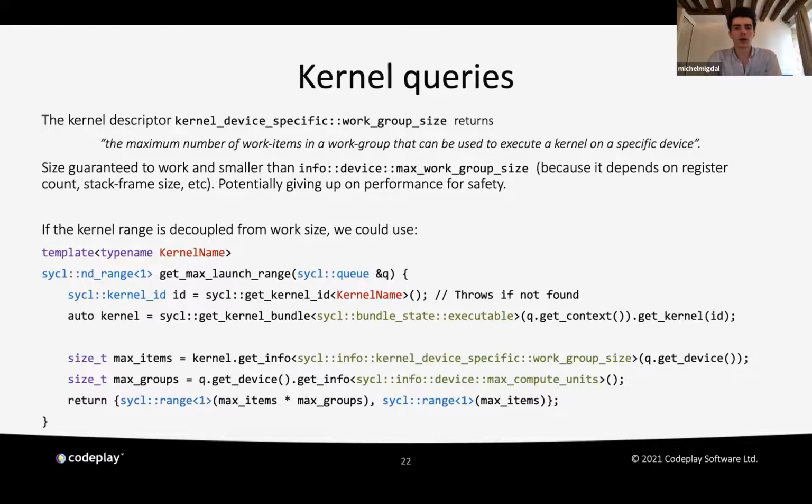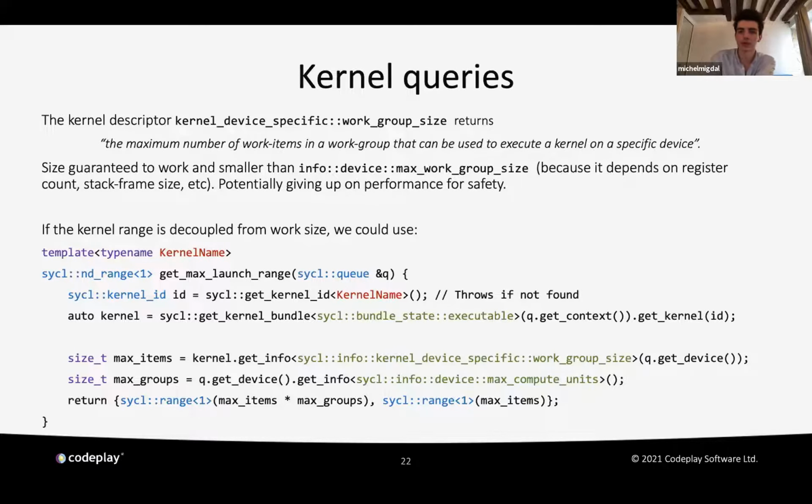And so on SYCL, you can also query a kernel for specific information. So this example is pretty useful for debugging. It queries a compiled kernel for CUDA to know the maximum work size you can submit for the kernel. Because even though you have a maximum work size for the device, the kernel has different work sizes.